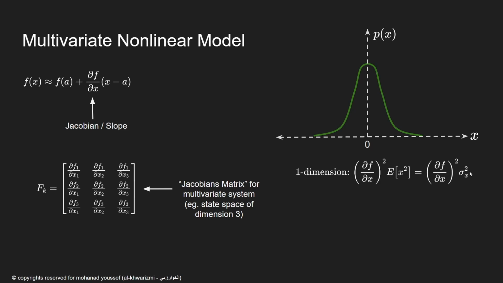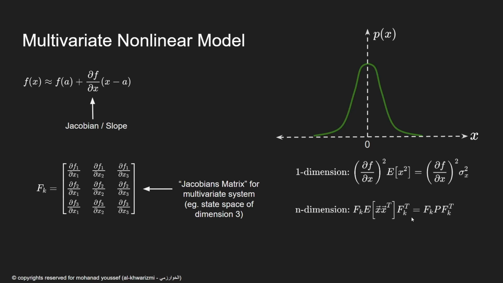So that's for 1D. If we have n dimension of state vector, then the x here will be a vector because now it's in n dimension, and here we have the quadratic form of the square here, but in the matrix form. So it will be F multiplied by the expectation of the x x transpose, and here the F transpose.